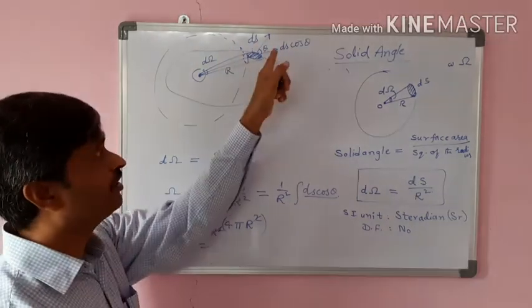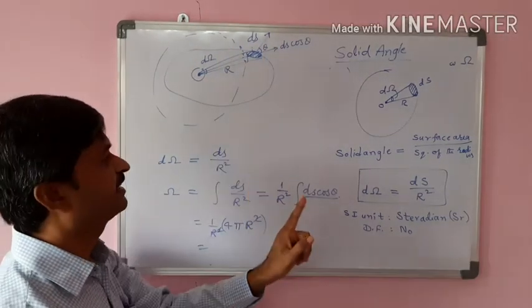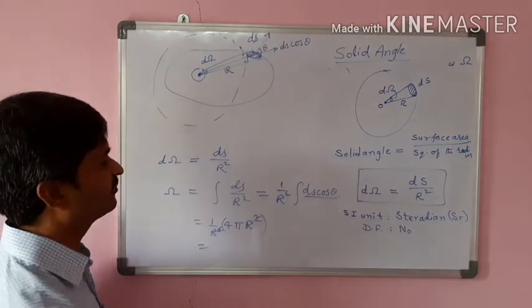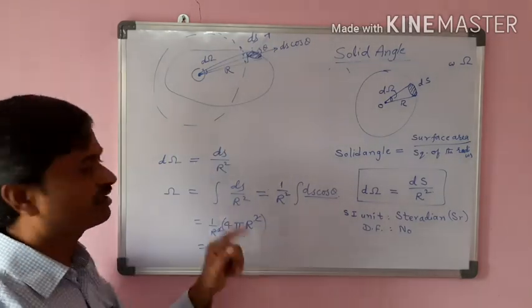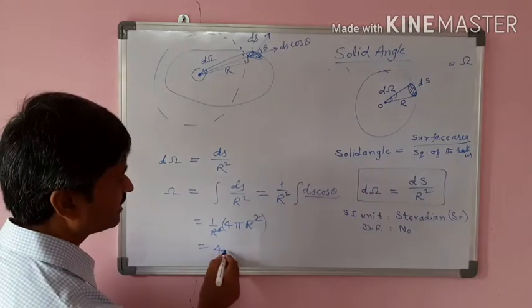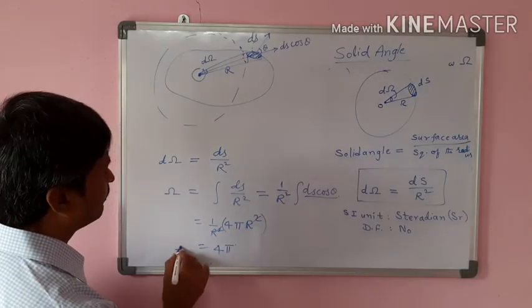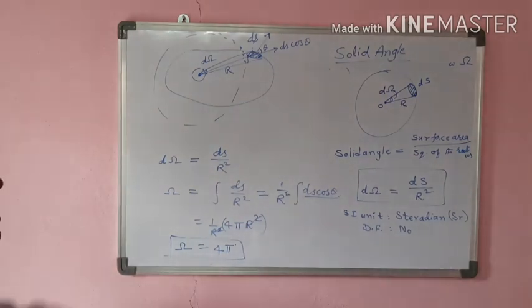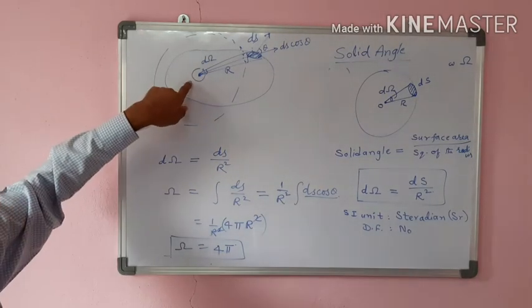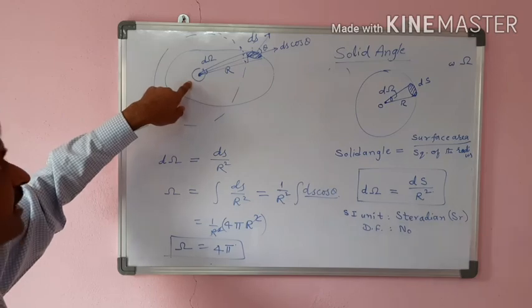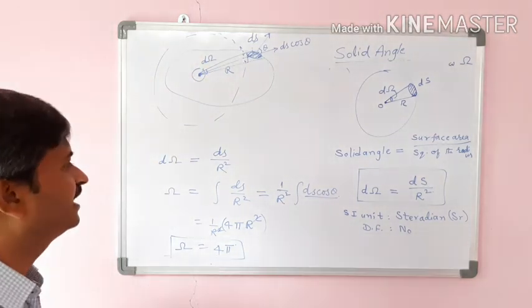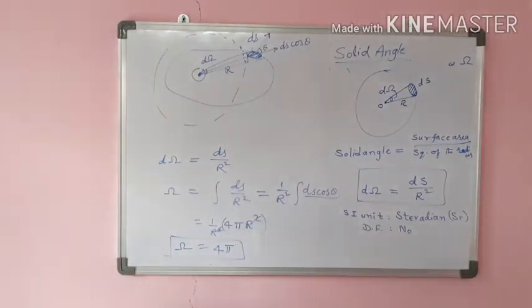That normal component can be obtained by dS cos theta. So the integral of dS cos theta will become the surface area of the sphere, that is equal to 4 pi r square. Now r square gets cancelled, then you will get 4 pi. So what we can understand is that for any closed surface, the solid angle made at any point inside is equal to 4 pi steradians. This we can understand. Clear?